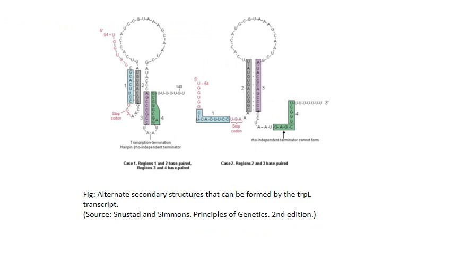One of the control points of the TRP operon is the repressor protein, which is encoded by the TRPR. The product of the TRPR gene is an aporepressor, which functions as a repressor only when bound by tryptophan, which is called a corepressor. Now, this functional repressor moiety binds to the operator to downregulate the operon.